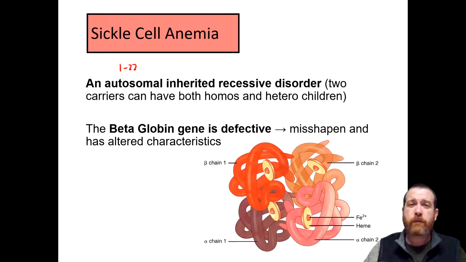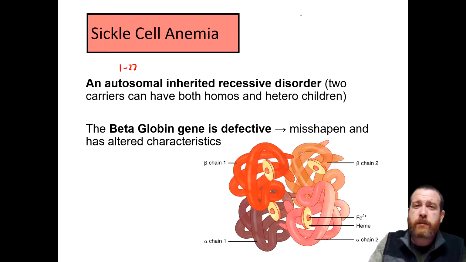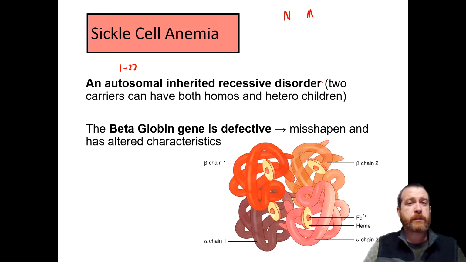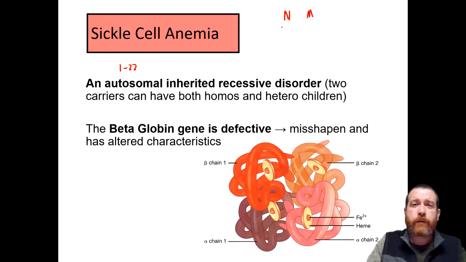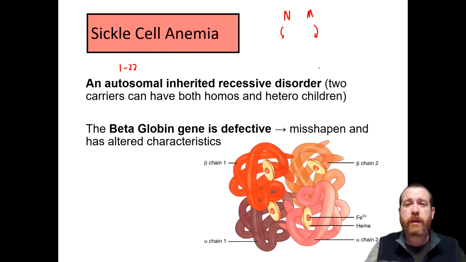and if you were to have a carrier, right, somebody that has one normal copy and one mutant copy, well, they have the propensity to produce both. If their kid gets their normal version, they might come out as normal depending on what the other parent provides. And if they get their mutant version, they might come out with the mutant expression, depending on what the other parent is going to provide as well, right?